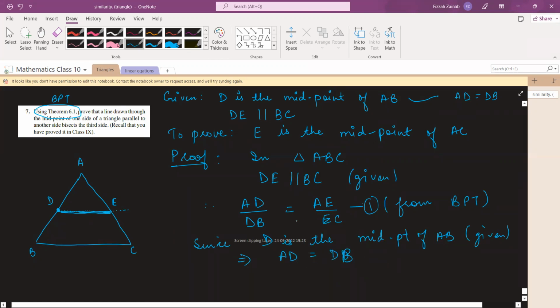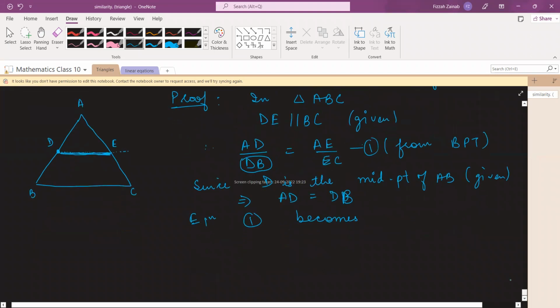Now use this in equation 1. So equation 1 becomes, in place of this DB, I can simply write AD, right? So it becomes AD upon AD is equal to AE upon EC, right? So 1 is equal to AE upon EC.